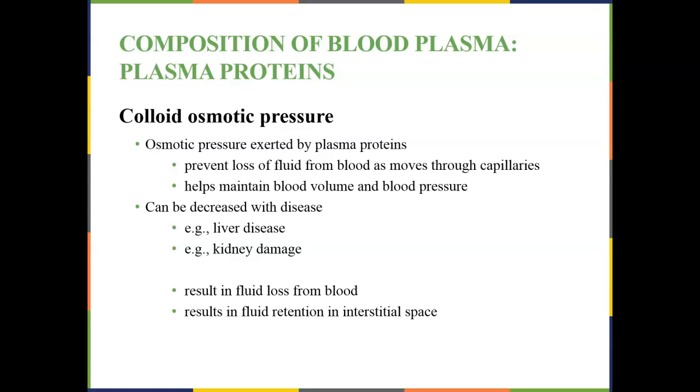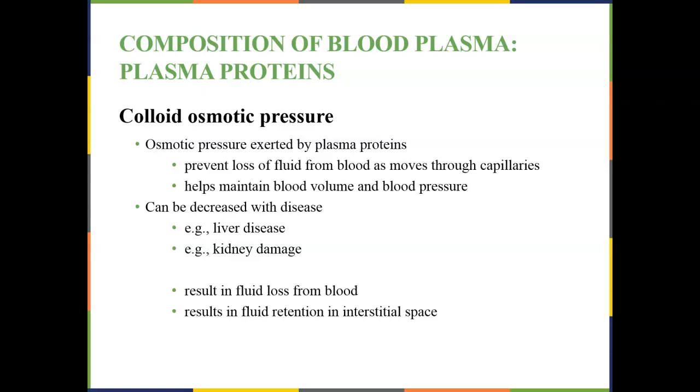Water always moves from where there's less solutes to more solutes. So we always want to have equal amounts of water to solute ratios, right? That's osmosis. So osmotic pressure is pressure that keeps water from leaving. Colloid osmotic pressure is the pressure that those proteins have to keep fluids in.